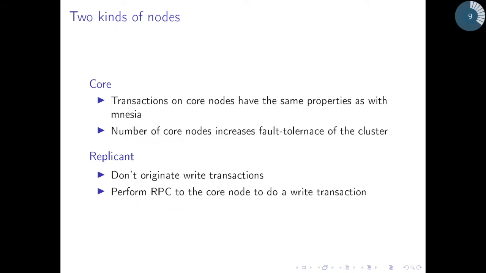So let's briefly check what our solution to this problem is. We want to introduce a different kind of Mnesia node, a so-called replicant node, that does not participate in the transaction negotiation process. It just passively replicates transactions from the regular Mnesia nodes, which we call core nodes.